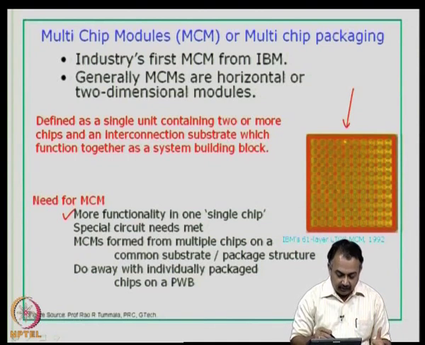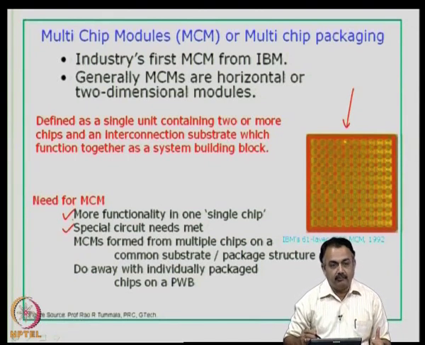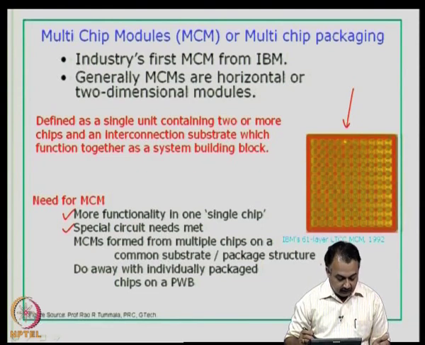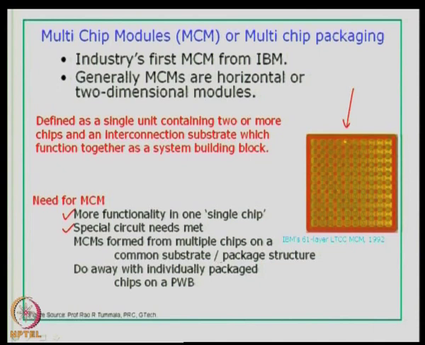Special circuit requirements are met by going in for a multi-chip module, which if you try to do it using different single chip modules, then the real estate occupied by the total combination of these dies will be very large. So, you try to do as much integration as possible on a single substrate. Multi-chip modules are formed from multi-chips on a common substrate. We have seen that.